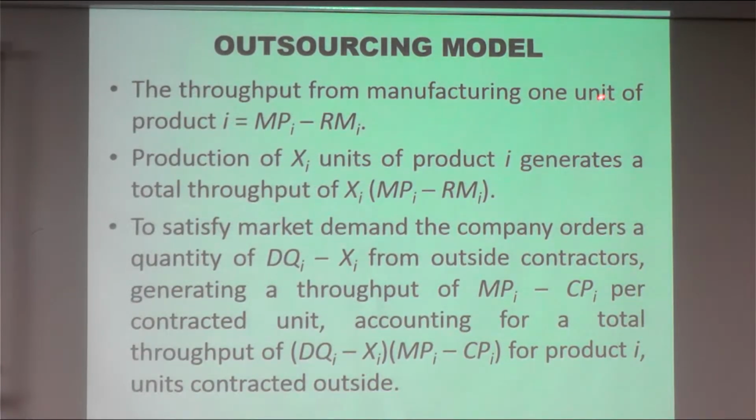Now, the throughput from manufacturing: if I produce 1 unit of product type I, what is my throughput? It is selling price minus raw material price. How do we define throughput? Throughput is selling price minus raw material price, because the raw material price is the same for me, the same for the contractor, the same for anybody else, unless he does something unusual.